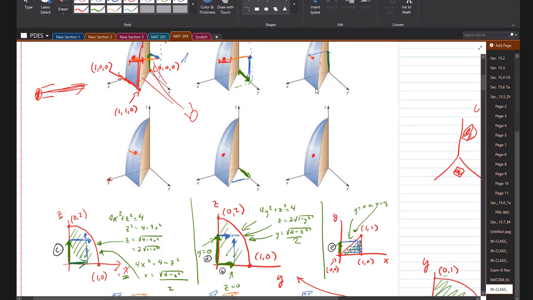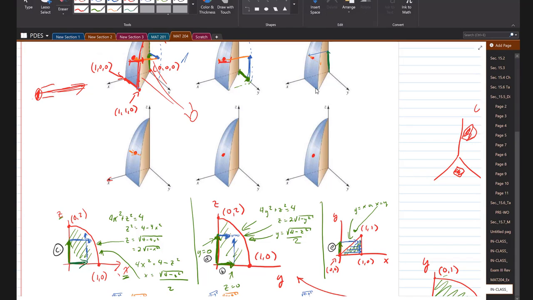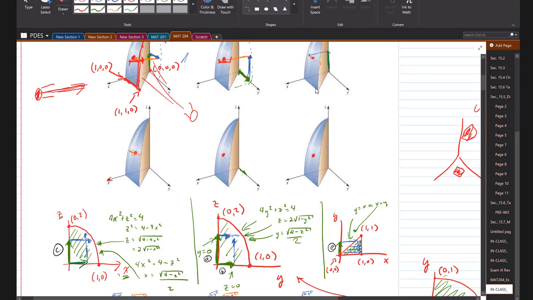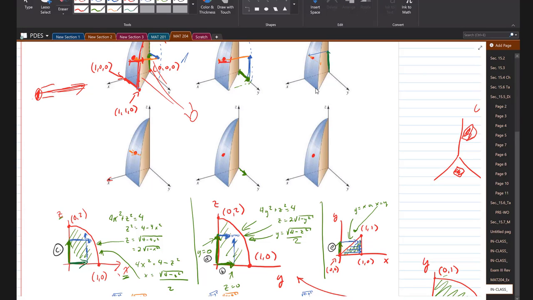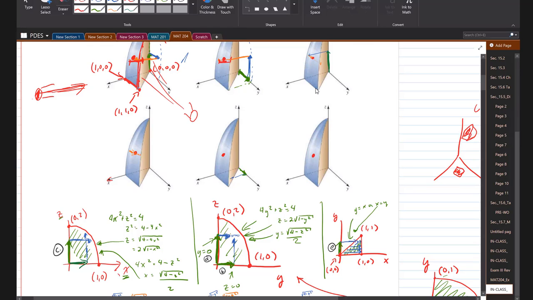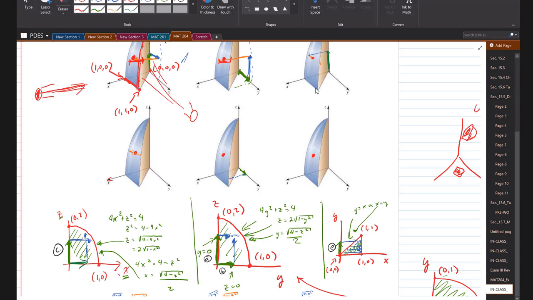Let's make that a little bit closer to the center. So we'll go out a y, and then we'll go out an x. We start picking up x values once we pass through that beige plane, right? We're not in the solid until we've passed through the beige plane where y equals x.